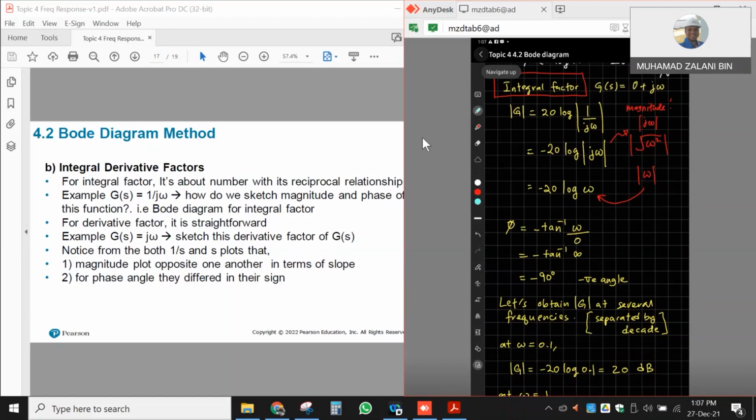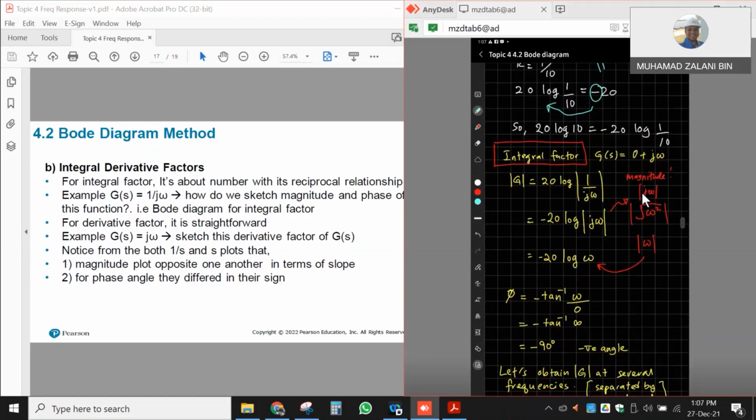Let me check. Actually, I've made another mistake here. This is not g of s equals 0 plus j omega. It is g of s equals 0 plus 1 over j omega, because g of s is represented by 1 over j omega. This is g of s.